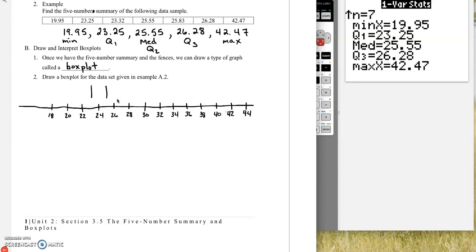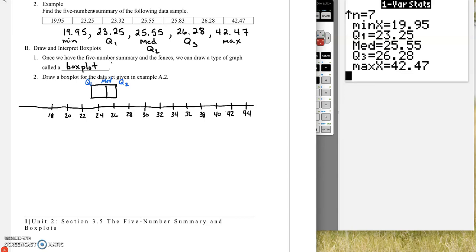And Q3 is at 26.28, so about right here. Then we connect those three lines with an edge to make a box, because this is a box plot. So we always have Q1, the median, and Q3 is how we make our box.